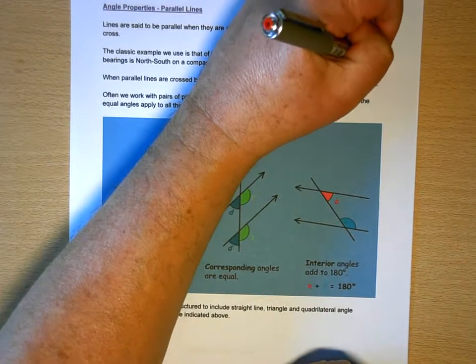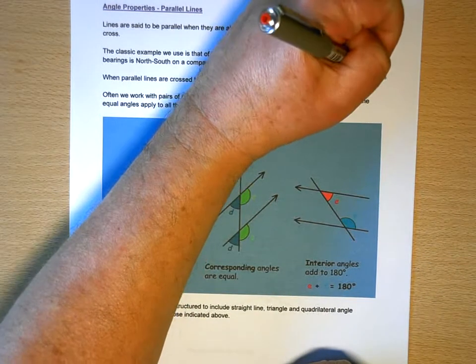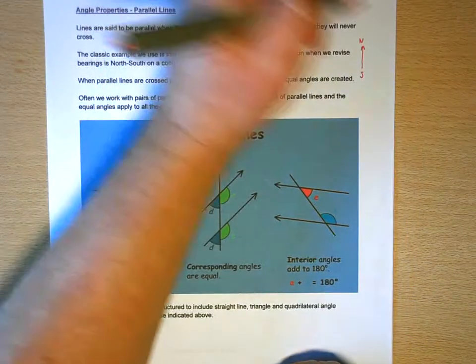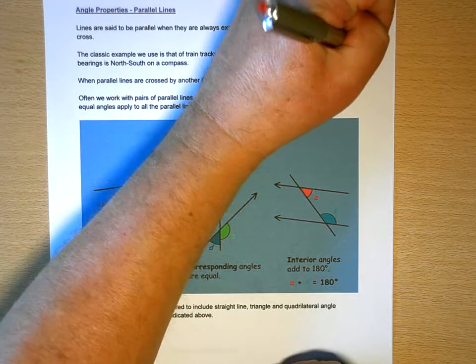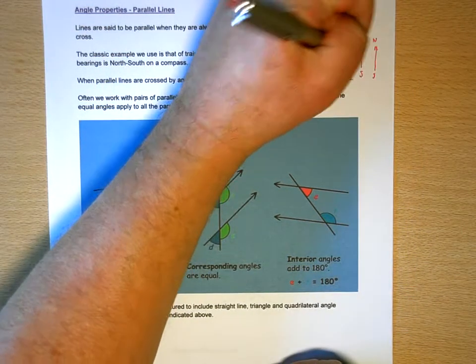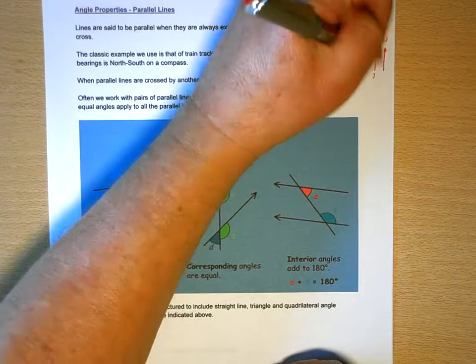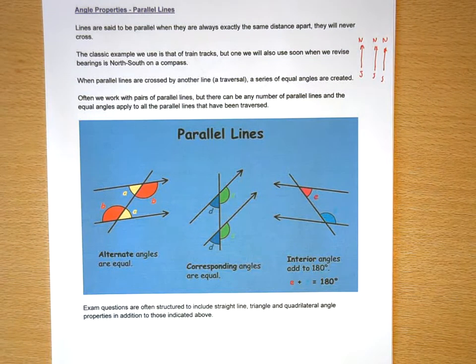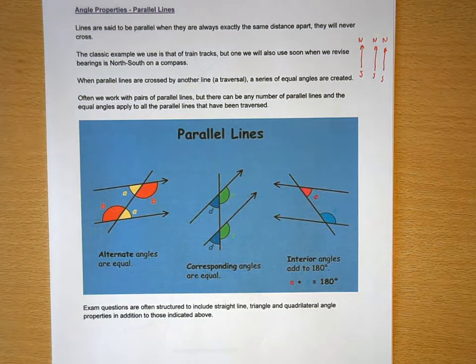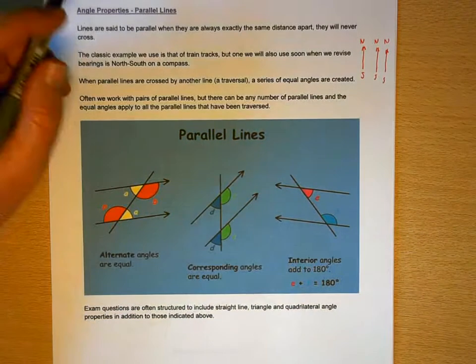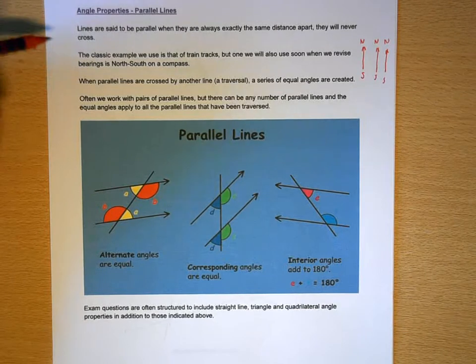It doesn't matter where you are on the planet, your north-south is always going to be the same. It always points to north. So wherever you decide to put your compass on the planet, it will always produce parallel lines with any other north-south line. So that's one to bear in mind for a few weeks' time.